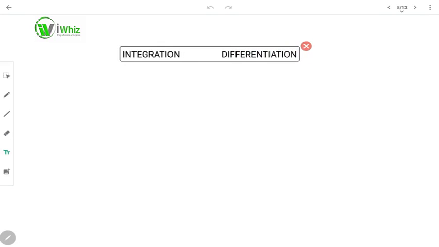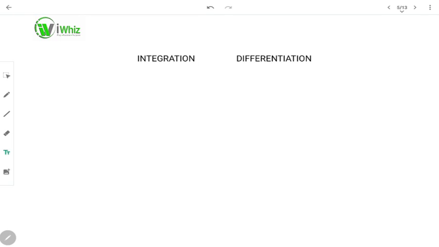So when we look at differentiation and integration, we can either look at the integration and work to find the derivative, or we can know the derivative and work to find the integration.